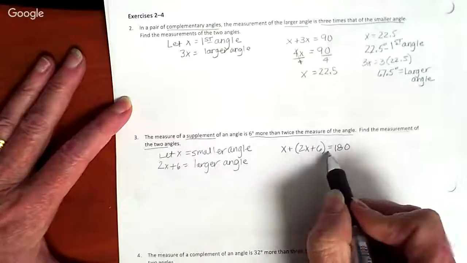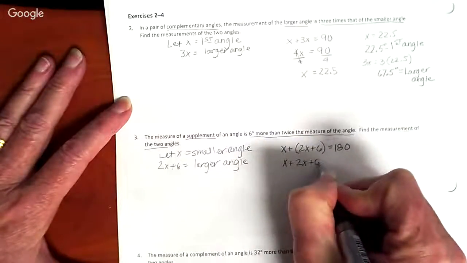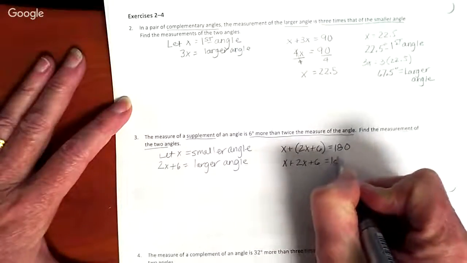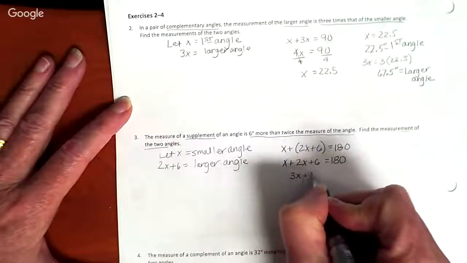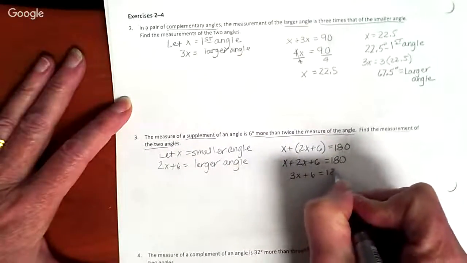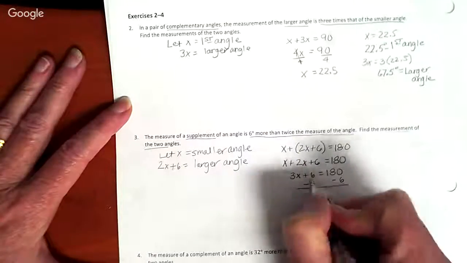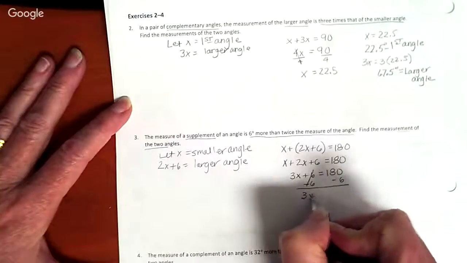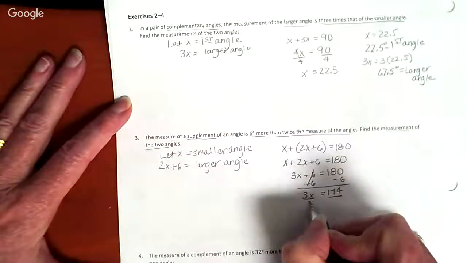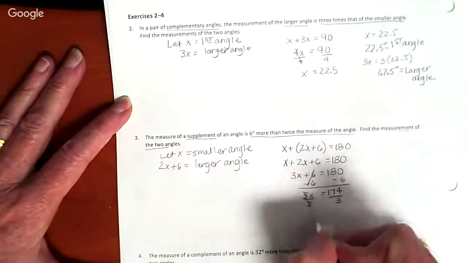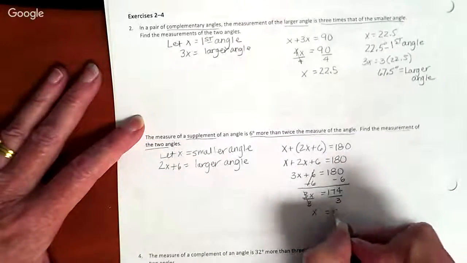Now, taking off the parentheses here, we've got x plus 2x plus 6 equals 180. So now we have 3x plus 6 equals 180. So subtracting 6 from both sides, we have 3x equals 174. Divide both sides by 3, and we have x equals 58 degrees.